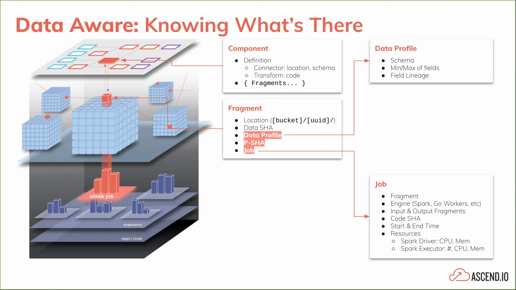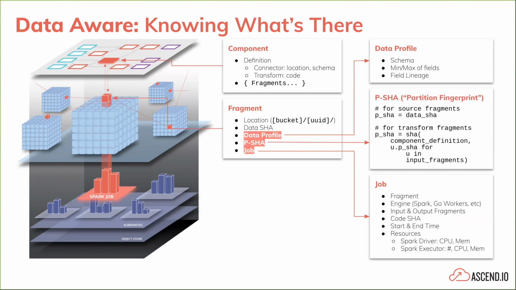And the third one that we'll talk about here is the concept of a PSHA, or you can think of it as a fingerprint for one particular partition. We're going to spend some more time on this one, but this is really a big concept in knowing what's there. The PSHA helps us understand what is there and what created it.